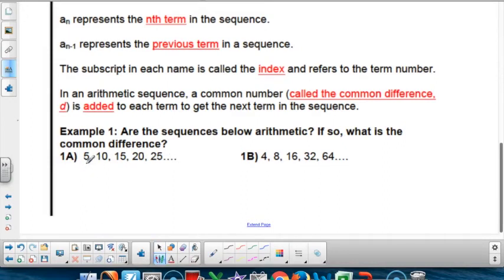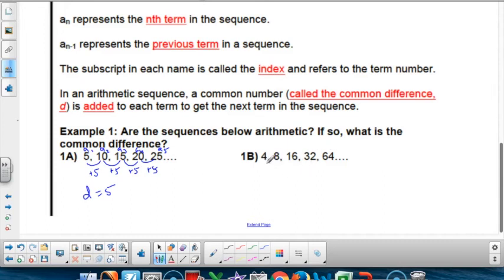You can see that to get from this first term to the second term, I'm adding 5. To get from here to here, I'm adding 5 and 5 and 5. So that means this is an arithmetic sequence with a common difference of 5. If I wanted to say this would be a sub 1, that's the first term, this would be a sub 2, a sub 3, a sub 4, and a sub 5.